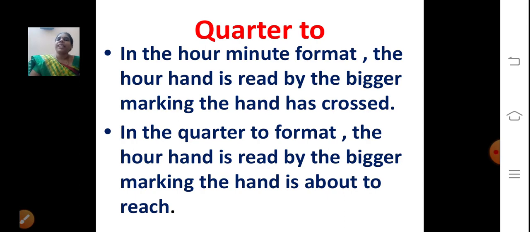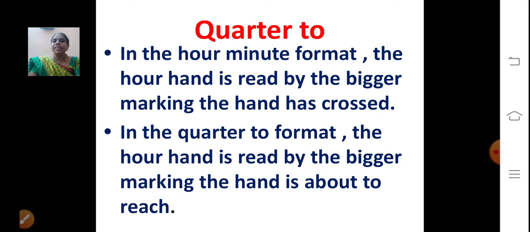So now in the quarter 2 format, we know how to see the hour and how to see the time, right? We have to see the hour hand and the minute hand. The hour hand represents the smaller hand and the minute hand is the bigger, longer hand. Now in the quarter 2 format, how will we read the time?